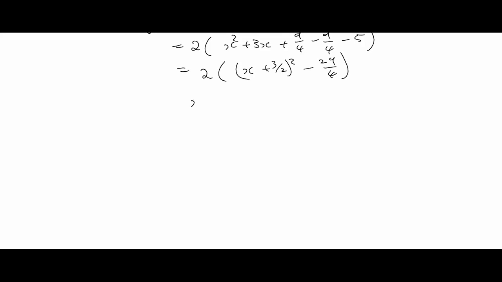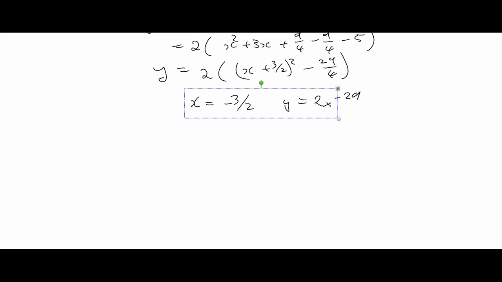So if x equals minus 3 over 2, we have y equals 2 times minus 29 over 4, or minus 29 over 2, minus 14 and a half.